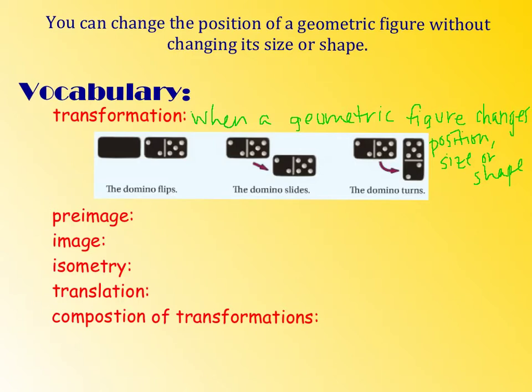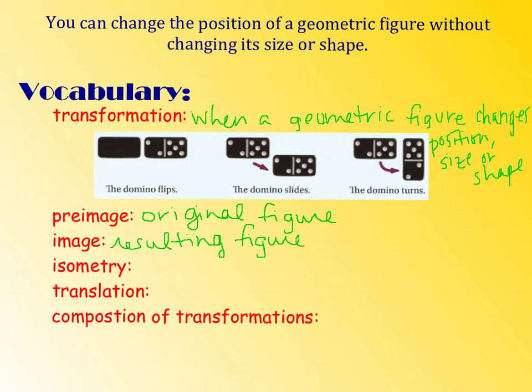We also have the word preimage, which means the original figure. And then the image is the resulting figure. So basically preimage before, image after. Before, after.